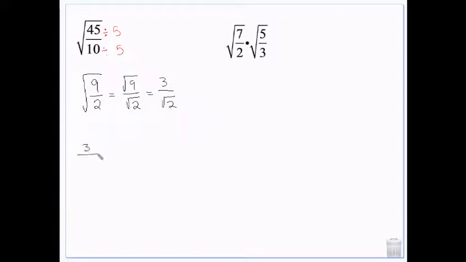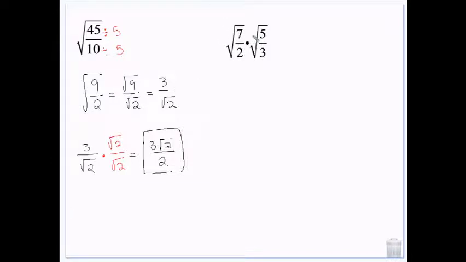But it's not, because you can't have a square root of 2 in the denominator. So I'm going to multiply by the square root of 2. And the square root of 2 times the square root of 2 is just 2. So that's okay. So this is your final answer here. Completely simplified.